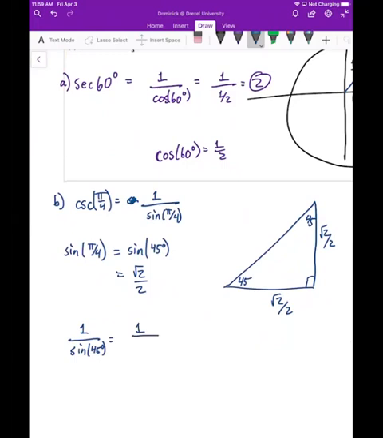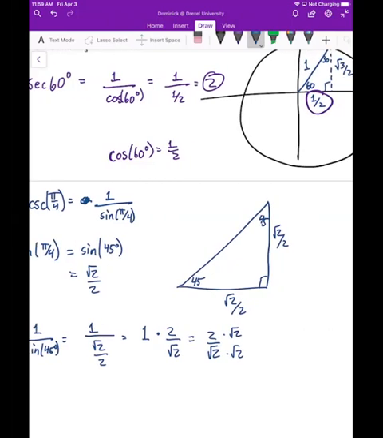So this is 1 over square root of 2 over 2, which if you change this to multiplication and multiply by the reciprocal, you'll get 2 over square root of 2. And then once you rationalize, you will get 2 square root of 2 over 2. So your 2's cancel and you are just left with square root of 2. And this would be your cosecant of pi over 4.